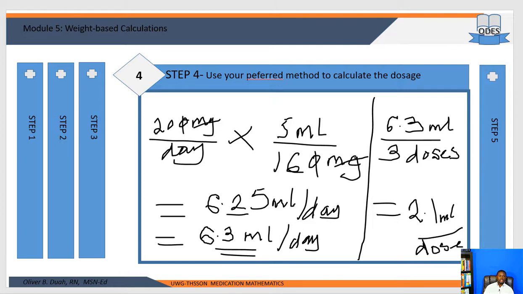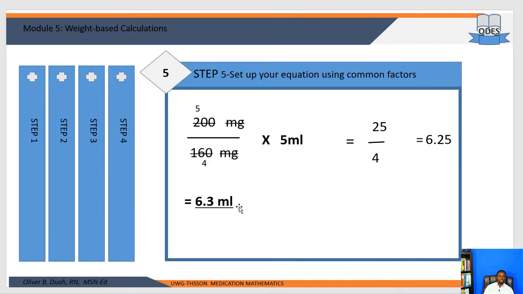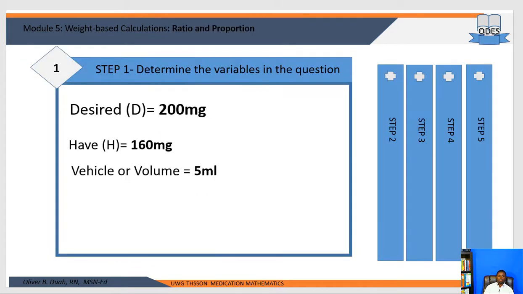Let's go ahead and do the same example using ratio and proportion. So this is just going to be our setup. Our desired dose now becomes 200 milligrams. What we have is 160, and the vehicle is 5 ml.